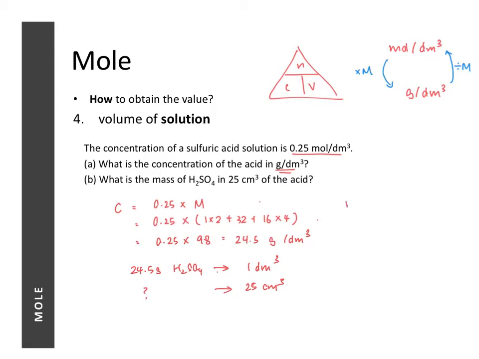The mass of sulfuric acid equals 25 over 1000 times 24.5, and that will give me a value of 0.6125. In science, it's good practice to round our final answers to 3 significant figures.